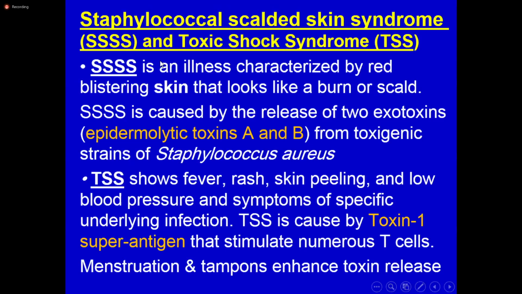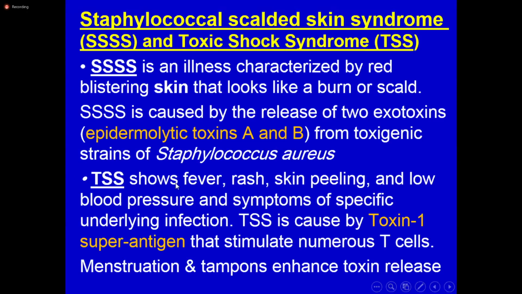This condition is caused by release of two exotoxins by Staphylococcus aureus, epidermolytic toxin A and B. So caused by epidermolytic toxin A and epidermolytic toxin B from toxigenic strains of Staphylococcus aureus. So staphylococcal scalded skin syndrome is caused by toxigenic strains of Staphylococcus aureus.